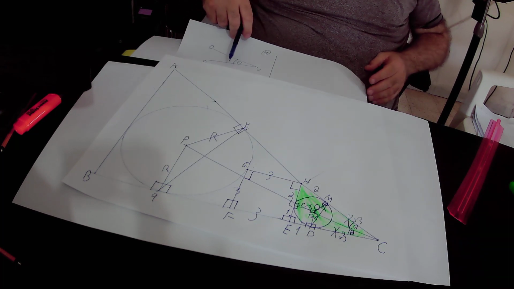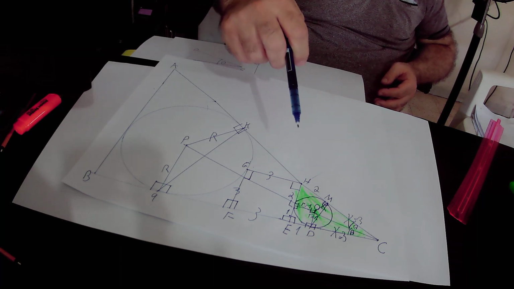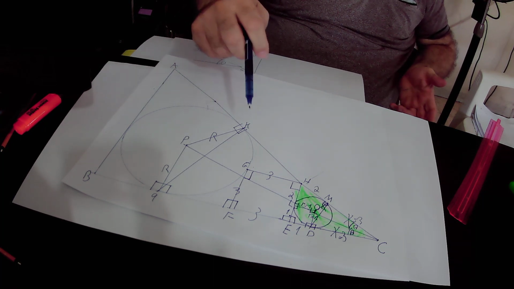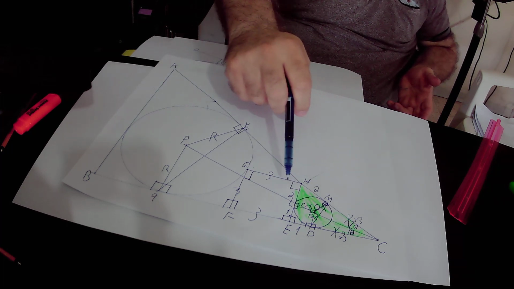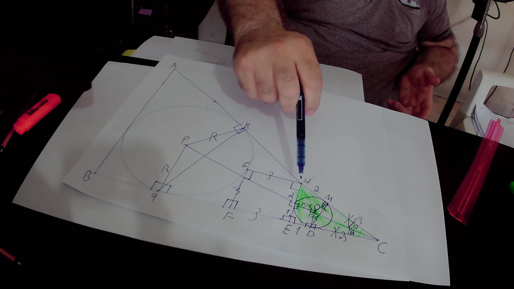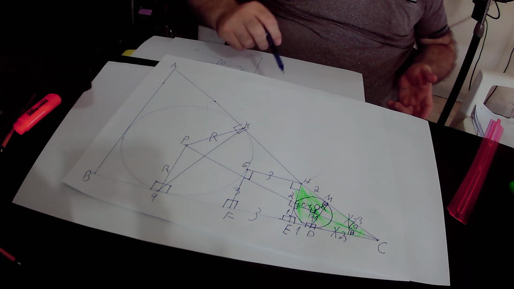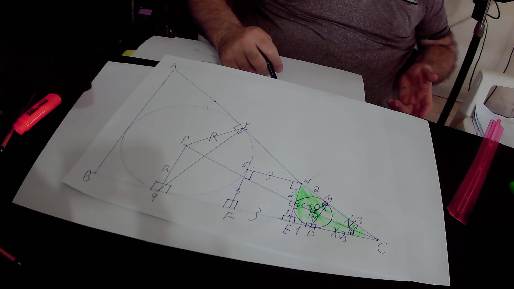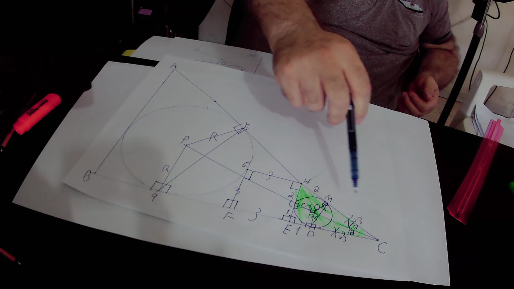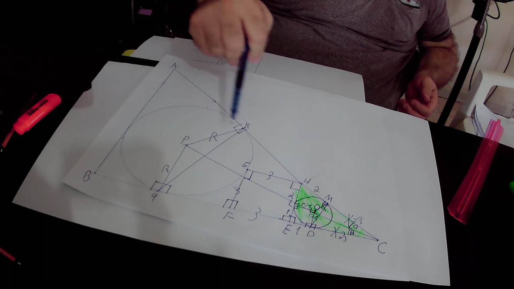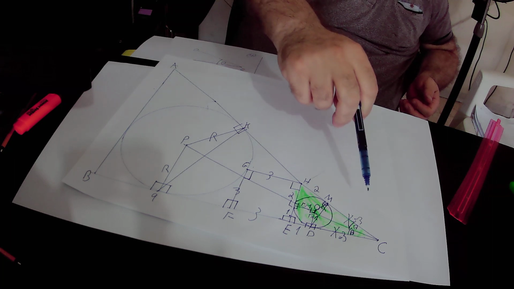While according to our assumption that CO doesn't pass through point P, it means that CO isn't located on the same straight line as CP. Only if CO passes through point P, will CO be located on the same straight line as CP.